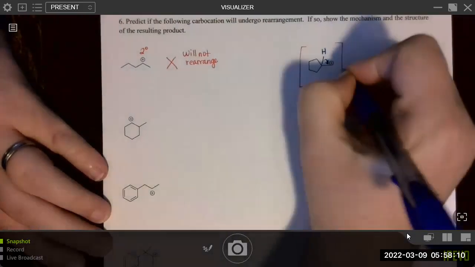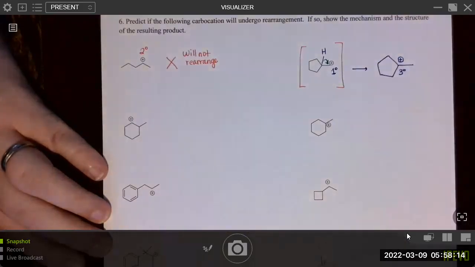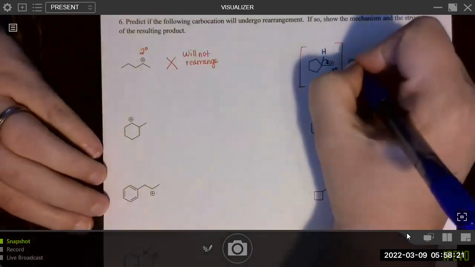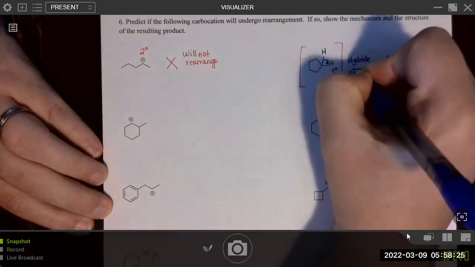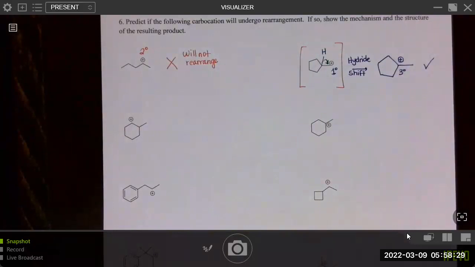So what was primary is now tertiary. So yes, this definitely shifts. Again, this is a hydride shift, which is one of the possible types of carbocation rearrangement.